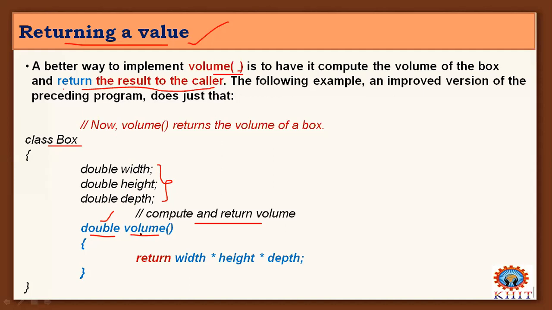That's why I have given the volume method the return type double and simply given a return statement: return width multiplied by height multiplied by depth. Whenever an object of this class calls the volume method, it returns the multiplication of these values, the volume of the box.